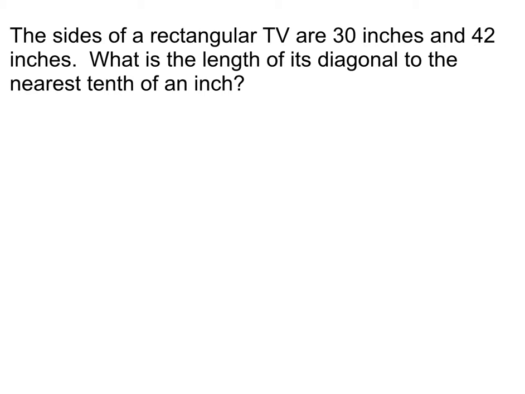You can't use Pythagorean theorem unless you have a right triangle. So putting the 90 degree angle in. Okay, 30 inches and 42 inches. What's the length of its diagonal? To the nearest tenth of an inch. So if you don't have a calculator, we'll have to help you with that last part. The Pythagorean theorem can be used.